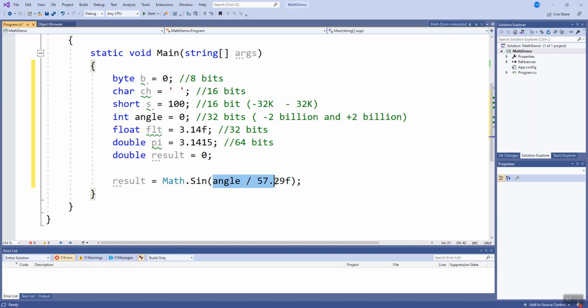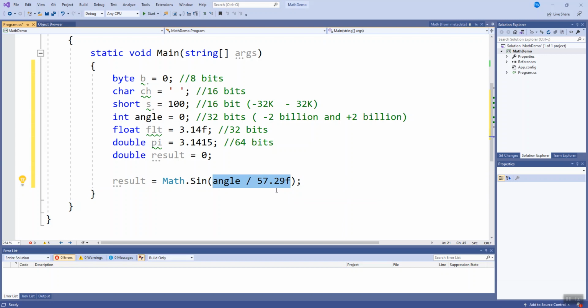There's all this stuff that happens under the hood. It says, I can't divide an integer by a floating point number, so I have to convert this to a floating point number too. Okay, great, I'll do this as floating point numbers. Oh, and then look, the sine function requires a double. So now I'll convert this into a double, and that's fine. All that conversion happens without you having to worry about it.